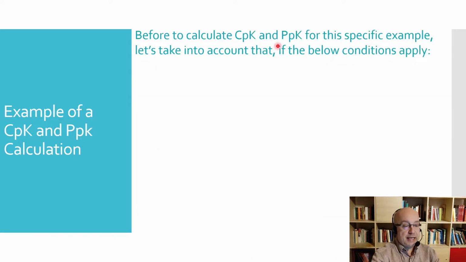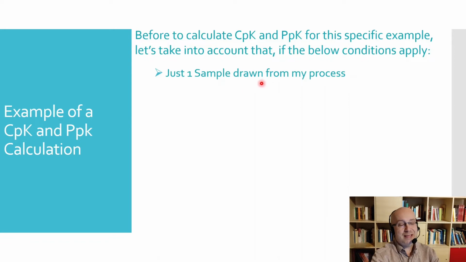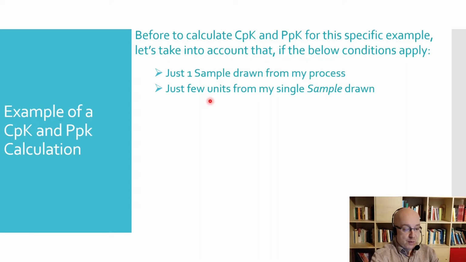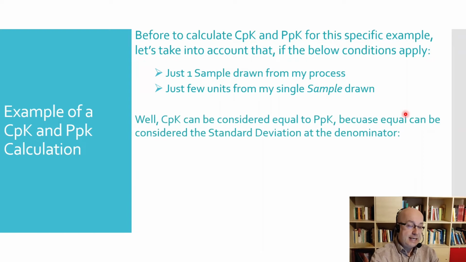Before calculating CPK and PPK for this specific example, let's take into account that we have some conditions to apply. The first condition is that we are talking about just one sample drawn from my process, in this case one sample drawn from production day number 1, and just a few units, in this case 20, from my single sample drawn from my process. In this case, Cpk can be considered equal to Ppk, because the standard deviation at the denominator can be considered equal.